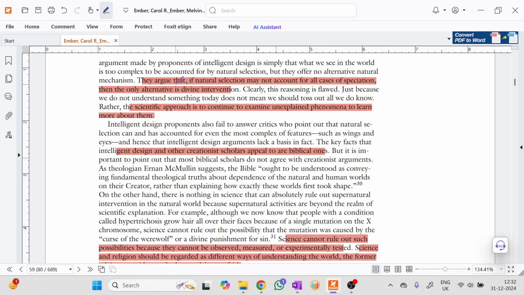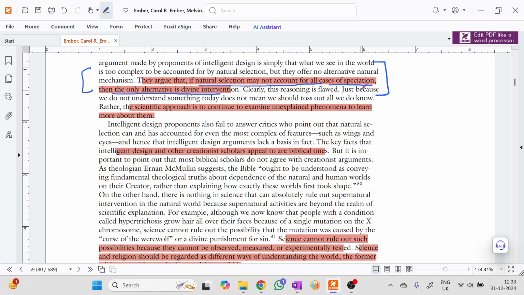And they argue that if natural selection may not account for all cases of speciation, then the only alternative is divine intervention. Their argument is that since the present status of science cannot provide all the answers, the hand that set off all the unanswerable questions was something divine.